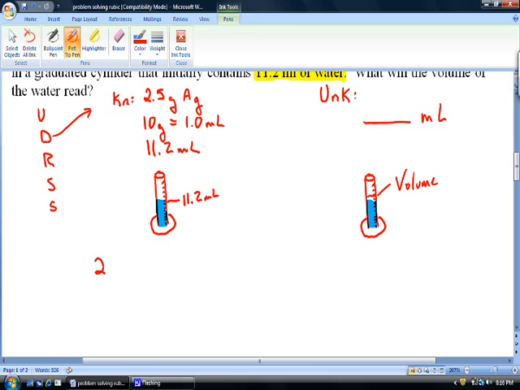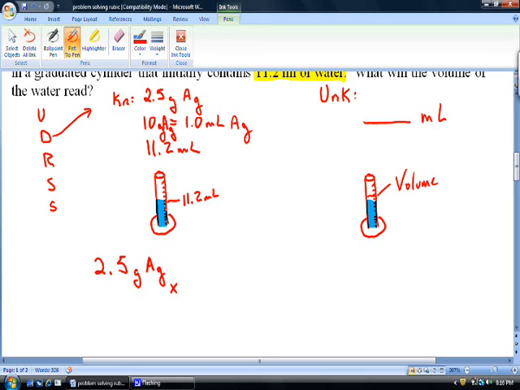So we have here 2.5 grams of silver. That's what we're starting with. If we just knew the milliliters of silver, we would be fine. Well, look, it turns out we do have a relationship between grams of silver and milliliters of silver.